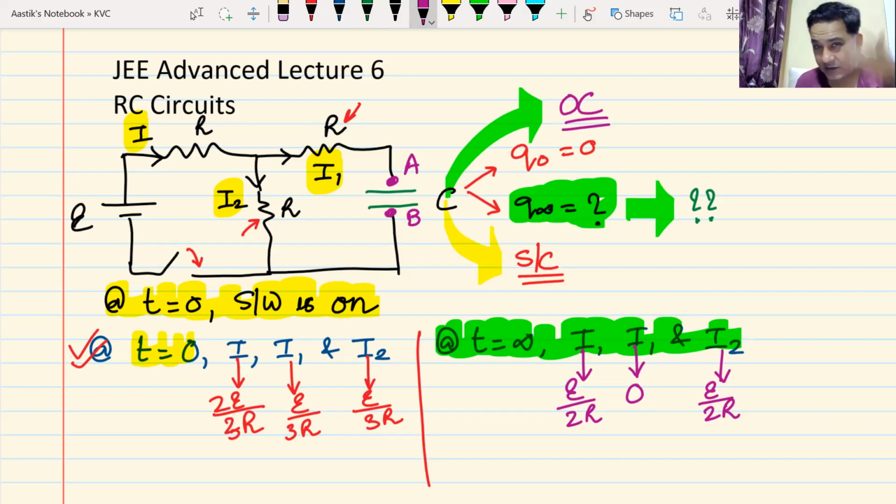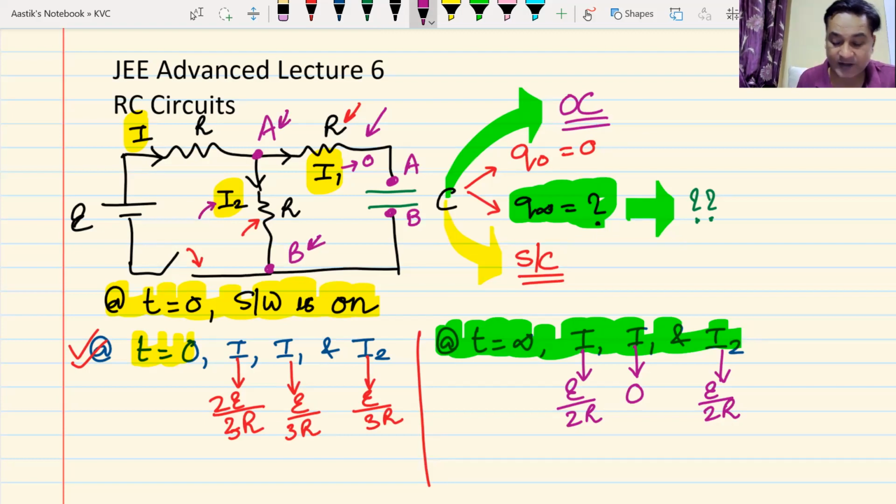Now at infinity, since there is no current in this branch, the potential difference between these two points will be the same as the potential difference between these two points. Yes or no? Yes, sir. The answer is CV by 2. Yes, sir. So we just have to find this potential difference. How do you find this potential difference?